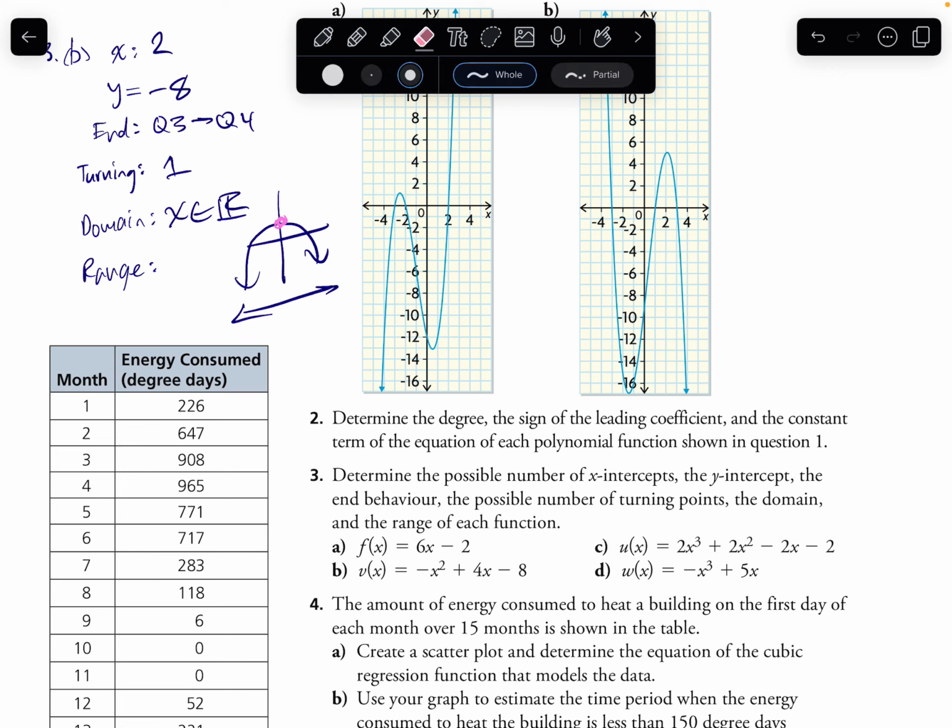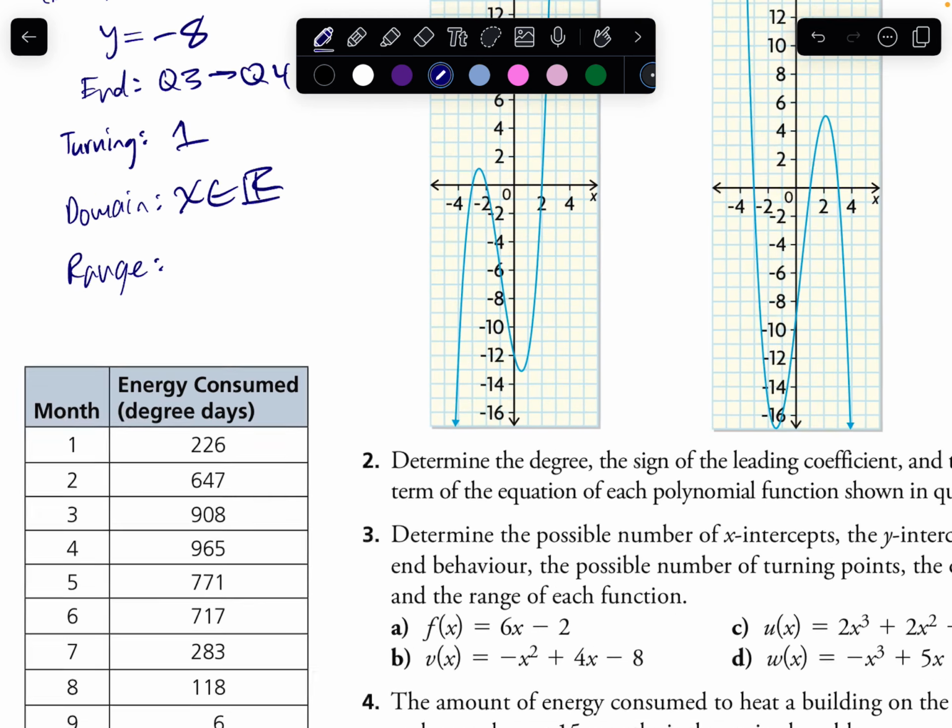So we do that by either going halfway between the x-intercepts, or we figure out the turning point using negative b over 2a. So I think halfway between the x-intercepts is the easier way of teaching it.